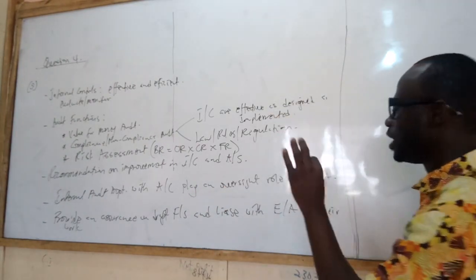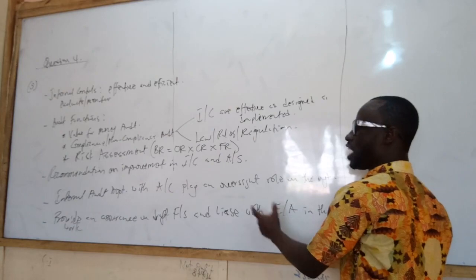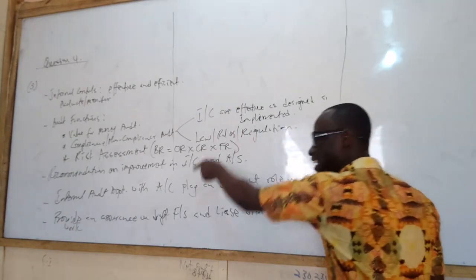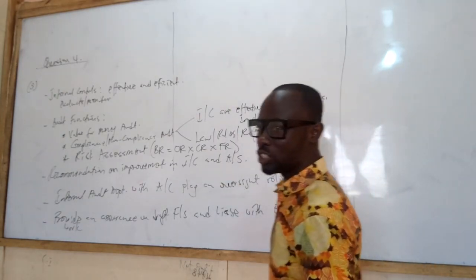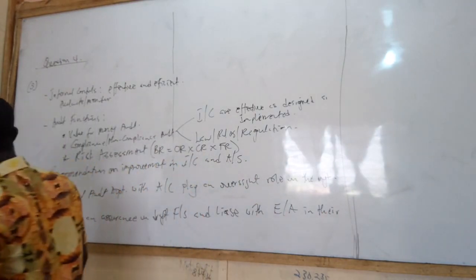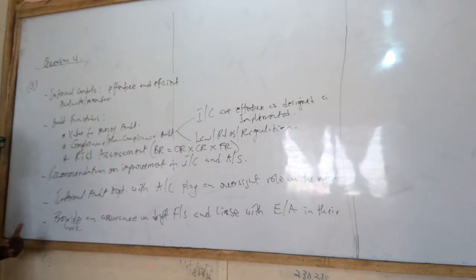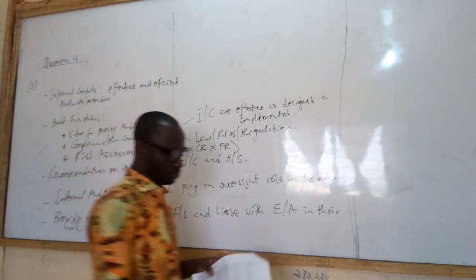What does it mean? It means when the external auditors come and they find any fraud and error, then internal auditors didn't do their job well. Or better still, they are not too independent as we expect them to be.